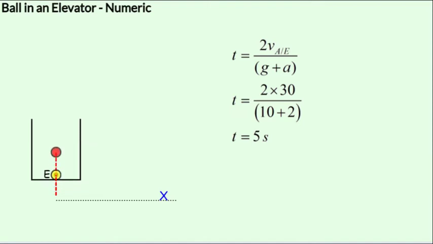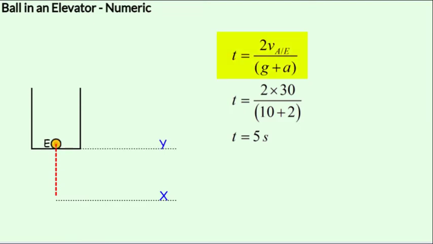The formula for the time of flight is 2 times V_A/E over (g plus a). We have been given that the initial velocity of the ball with respect to the floor of the elevator is 30 meters per second, and be careful that you substitute this value and not the speed from the ground frame of reference.